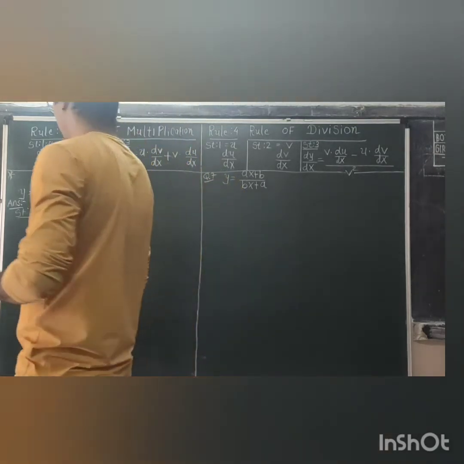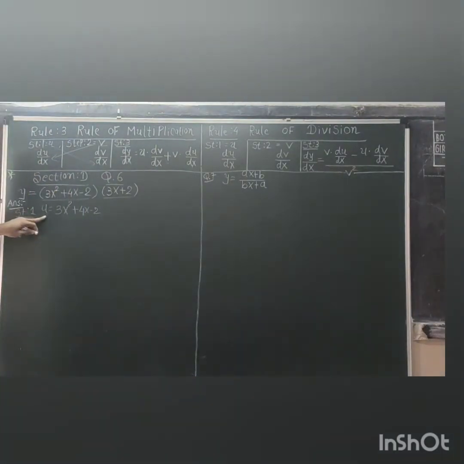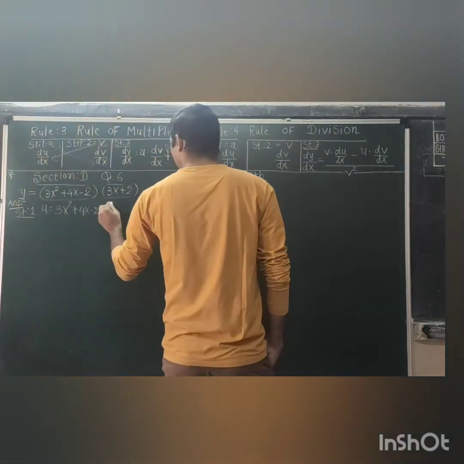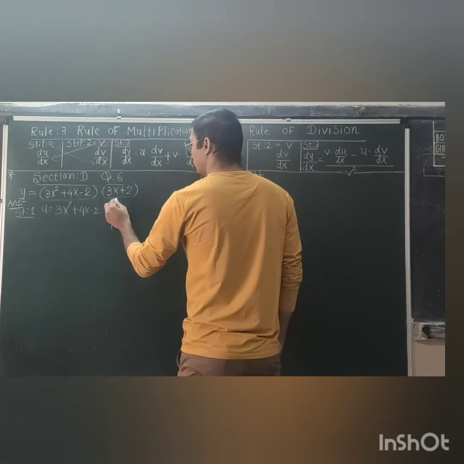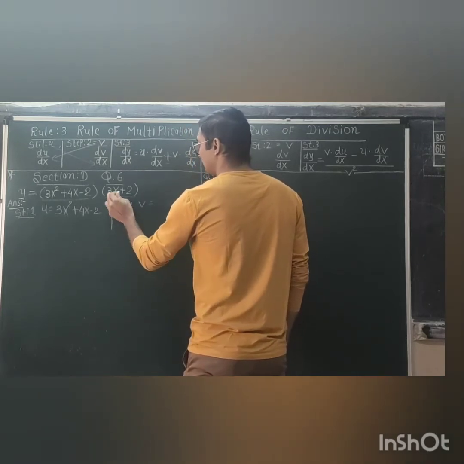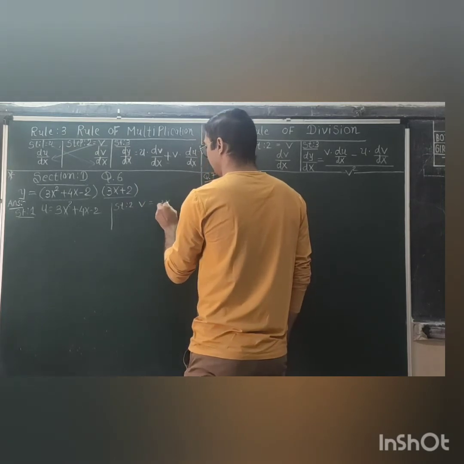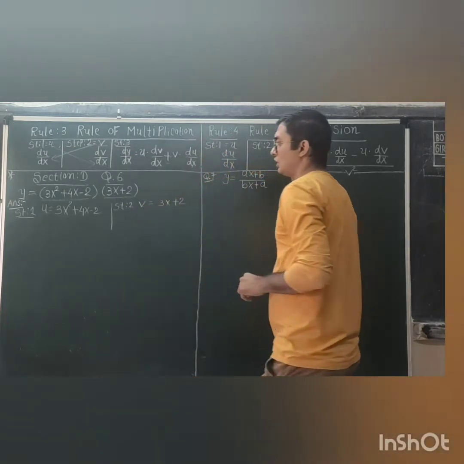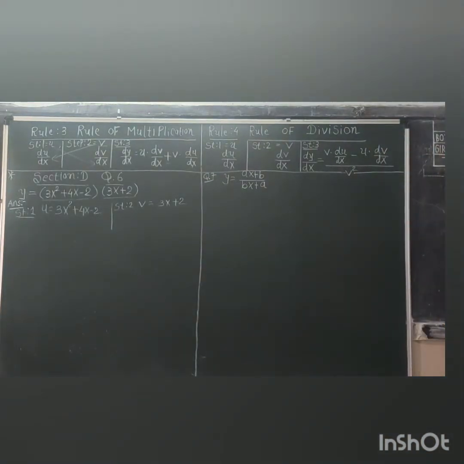This is the step number 1 that we call u. And in the same way, on the opposite side, step number 2, that is v equals the second bracket, 3x plus 2. Understood? For these two brackets, for the first function we have applied u and for the second function we applied v.